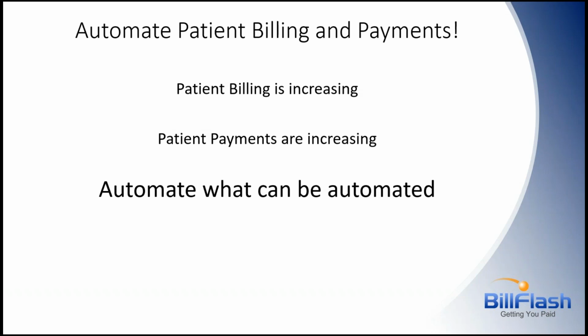"Patient billing is increasing" is maybe not as descriptive as it could be here, but what we're saying there is that if you went back 20 years, patients had co-pays, co-insurances that represented anywhere from 10 to 20% of each claim. Now they represent more than 50%. The last number that I saw is about 65% of each claim is the patient's responsibility on average. So you need to make sure that you're billing them.